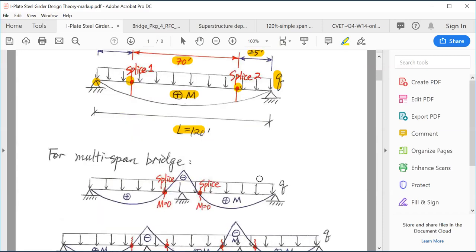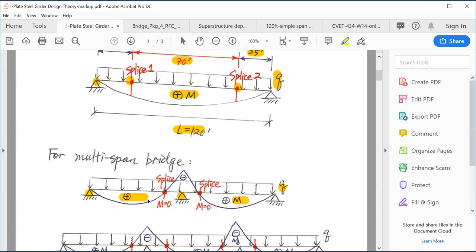And if it's a 2-span bridge, what we will do is, again, set the supports based on span length, and then apply a uniform load on the 2-span bridge and take a look at the moment diagram.